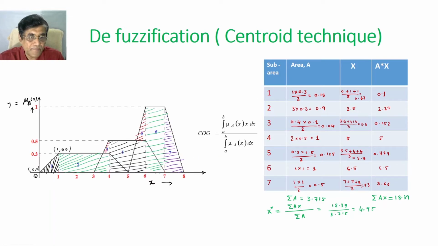Sub area 1, this is a triangle, so half base is 1, altitude is 0.3, so half into 1 into 0.3 is coming 0.15. And what is the centroid? You see, 0 plus 1 plus 1 divided by 3 equals 0.67.